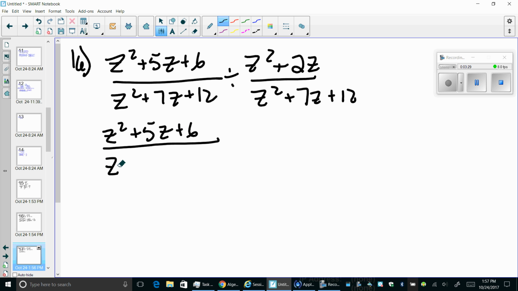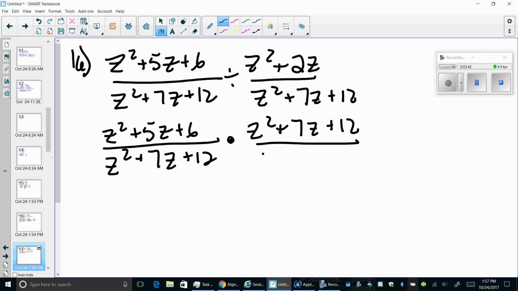So rewrite the first fraction or rational expression, change division to multiplication, and then flip over the second rational expression. So what was in the denominator becomes the numerator, what was in the numerator becomes the denominator, and then factor.